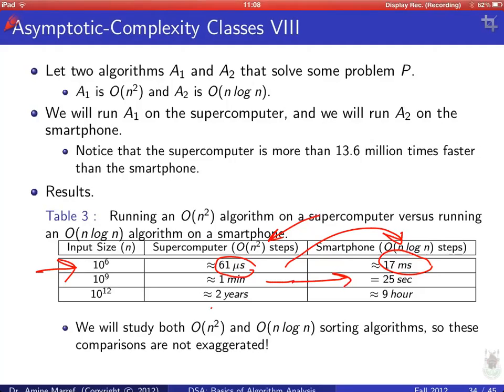Log linear, up to a few billions. Linear algorithm, perhaps up to a few trillions. This is assuming you're not using your calculator or your smartphone, but a desktop computer like 4 gigahertz, nowadays computers.